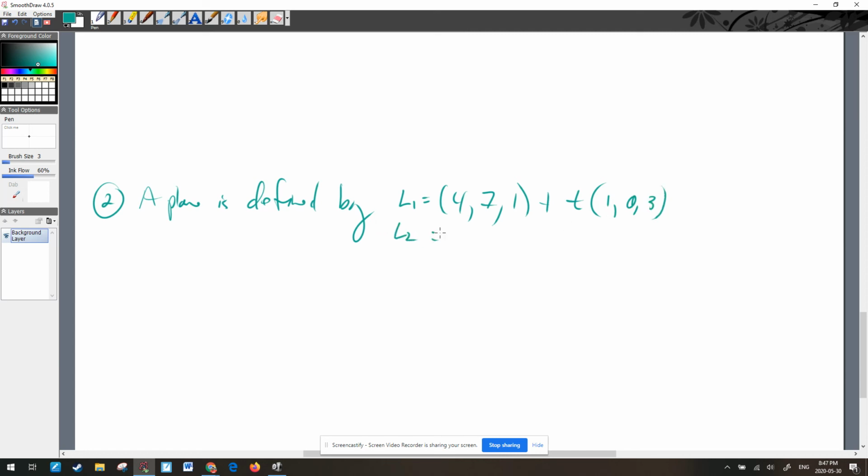And line 2 is equal to (1, 5, 8) plus t times (1, 0, 3). So we can see that these are two parallel lines, and that was another example that we said could potentially uniquely define a plane. And so same thing, find all three forms of the equation of that plane.